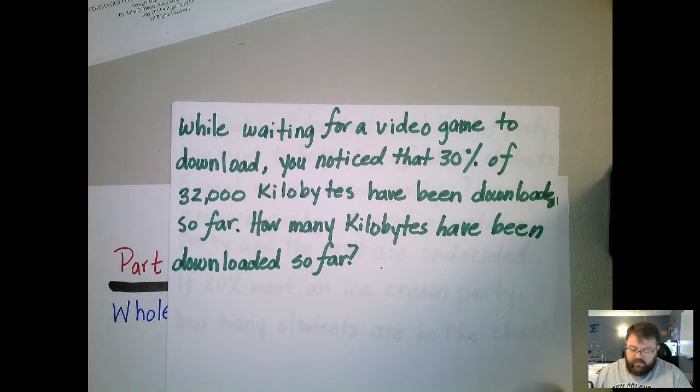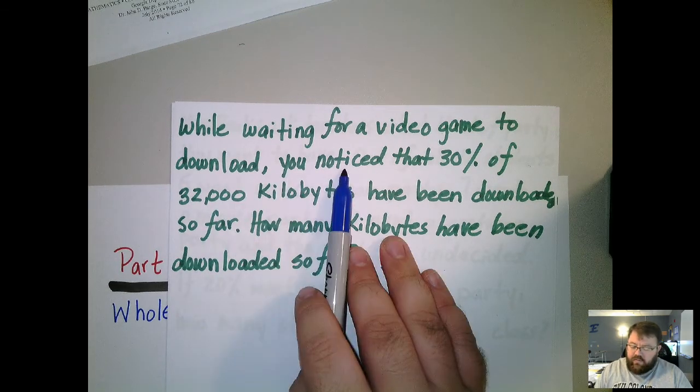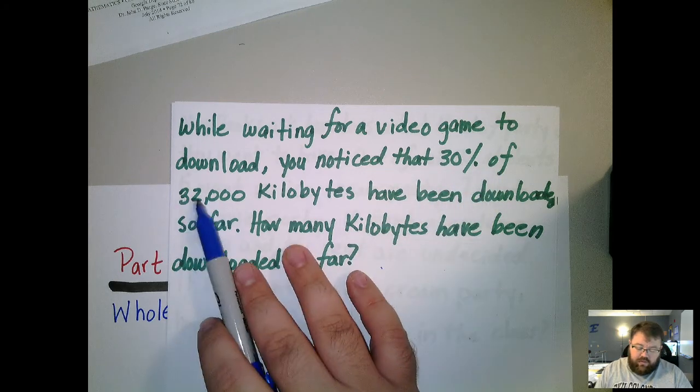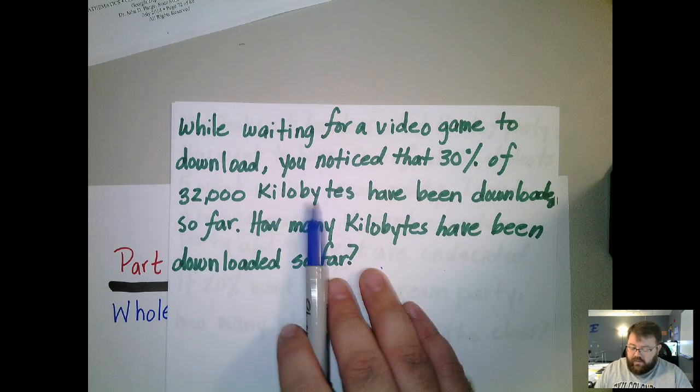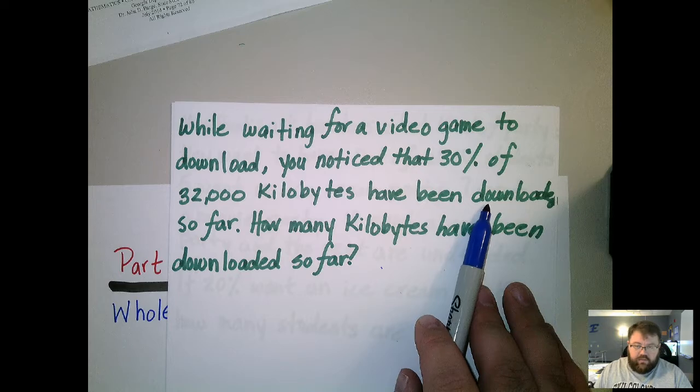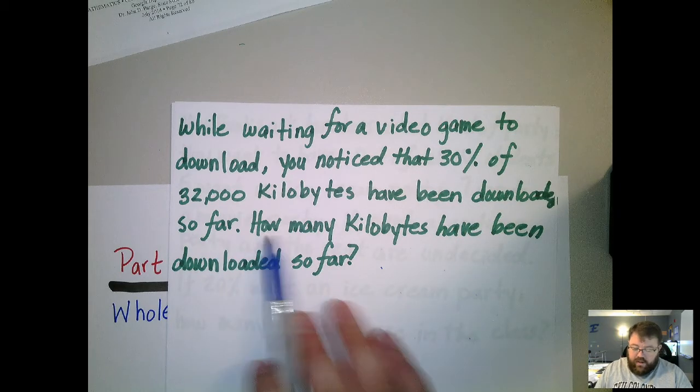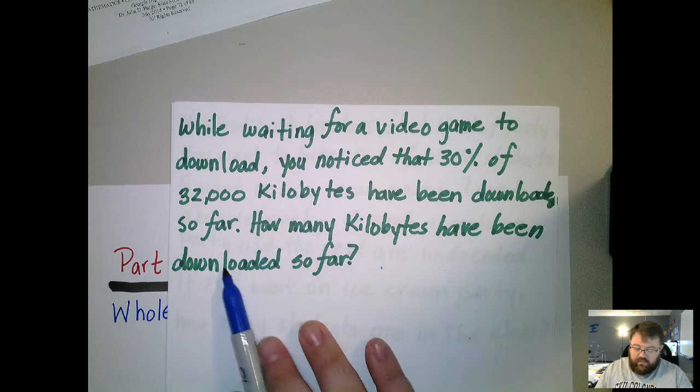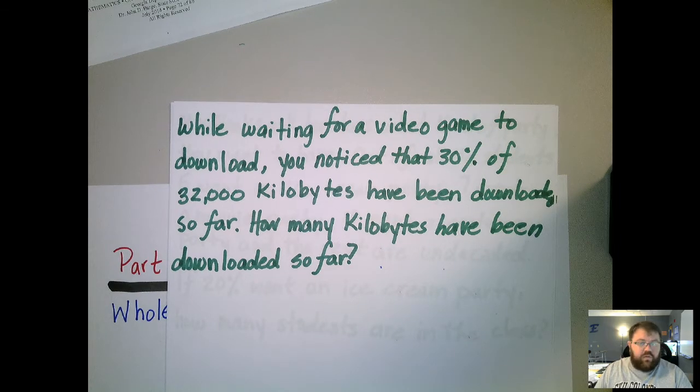While waiting for a video game to download, you noticed that 30% of the 32,000 kilobytes have been downloaded so far. How many kilobytes have been downloaded so far? Okay, so again, remember, cubes, this is how we are teaching you to do this.